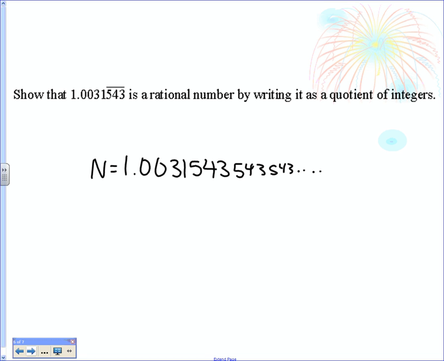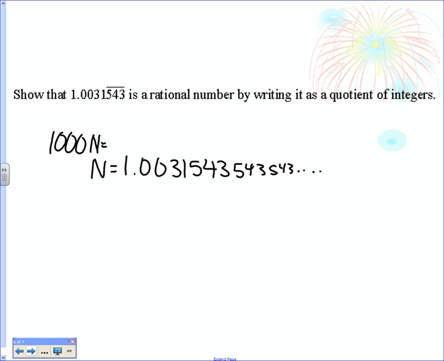They repeat over and over again, those 3 decimal places. So we are going to multiply our number by 1,000. Where did I get 1,000? 3 zeros, 1 for each decimal that repeats. Does that make sense? 5, 4, 3 repeat, so we're going to multiply by 3 zeros. However many decimal places repeat is how many zeros you have.